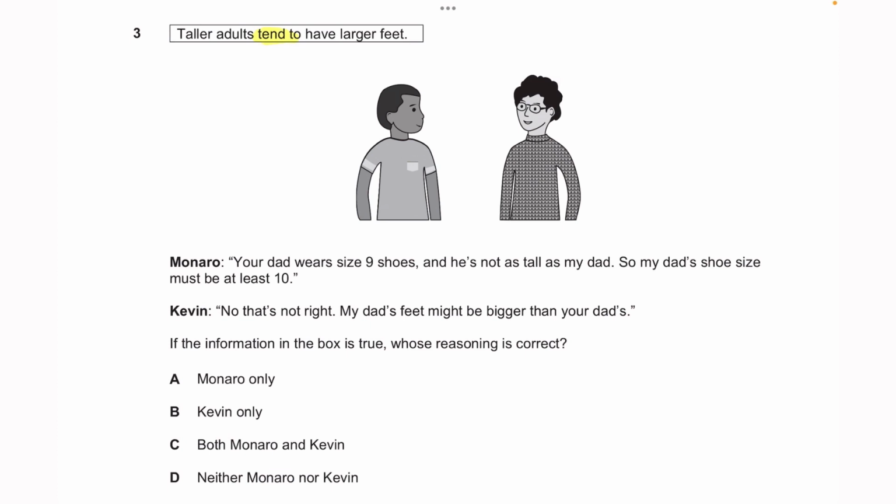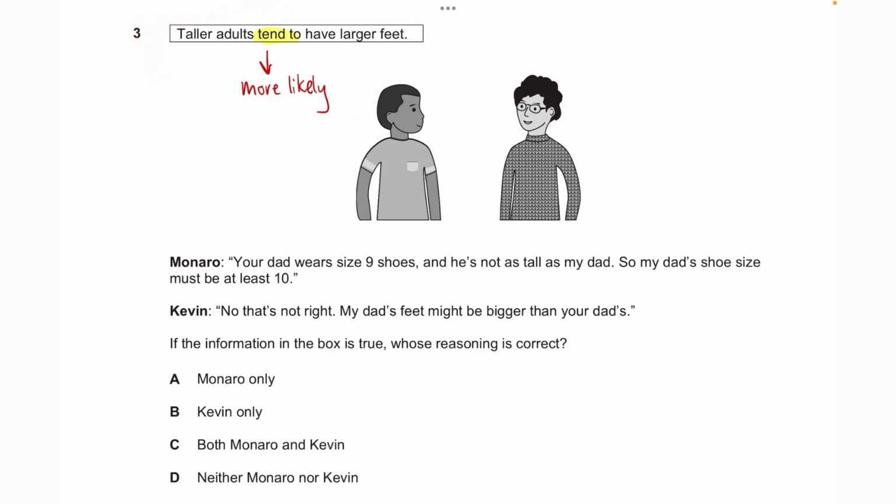It's essentially saying it's more likely, okay? So I'm going to write that down below. If I had to explain this information up here, essentially we'd be saying it is more likely for taller adults to have larger feet. That's how we can rephrase the above information.